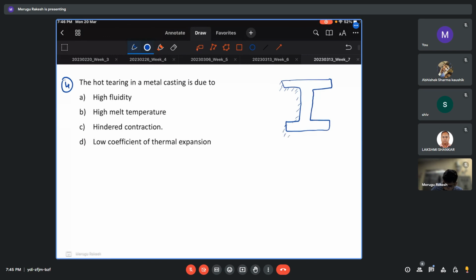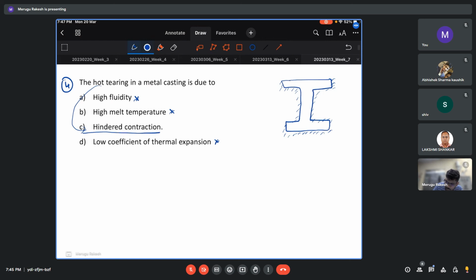Yes, option C is the correct one. So basically, high fluidity does not lead to hot tearing. High melt temperature, no. Low coefficient of thermal expansion, no, it should be high. So this is the correct option, hindered contraction.